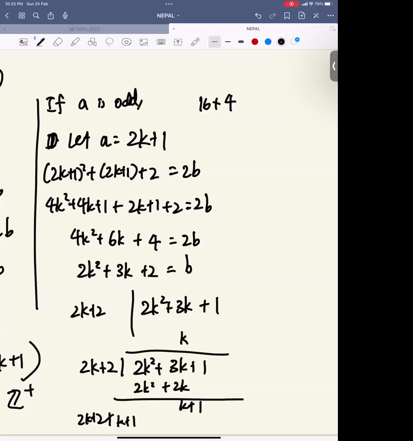It does work, but it works because a is even. Yeah, so only A even gives a solution, right? Yeah, A odd doesn't work.